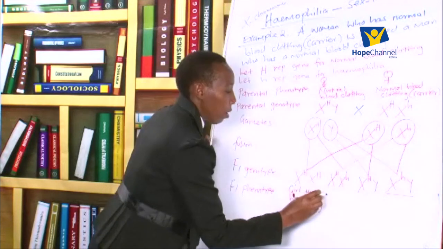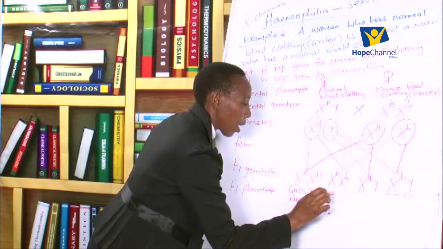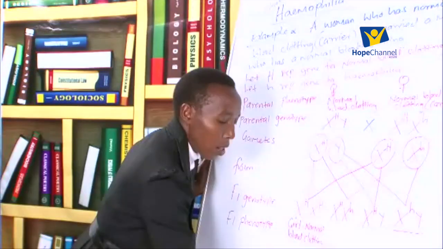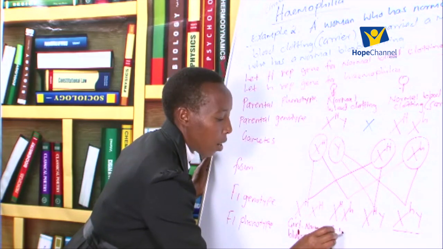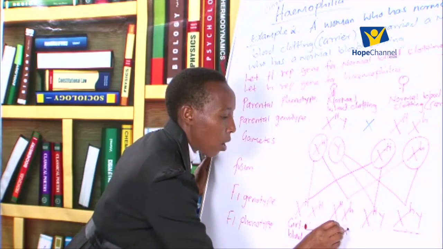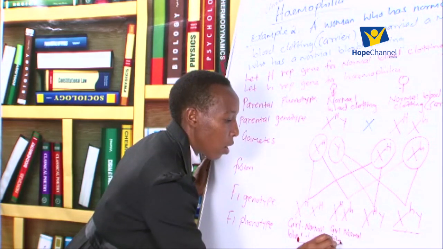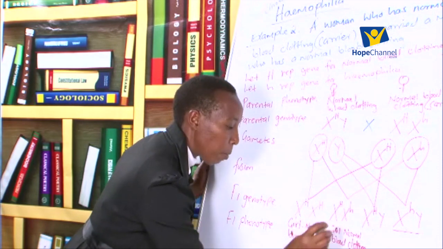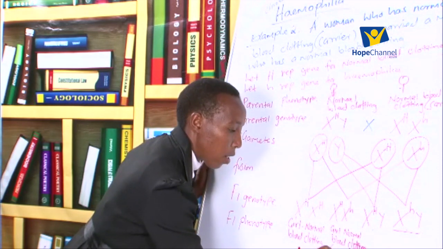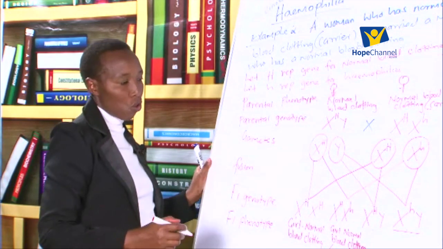The next one is still a girl with normal blood clotting. But remember, this person is a carrier, because she is carrying a recessive gene.